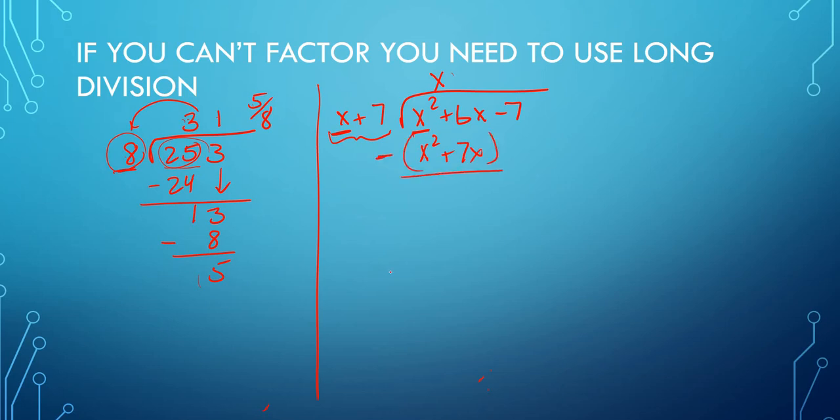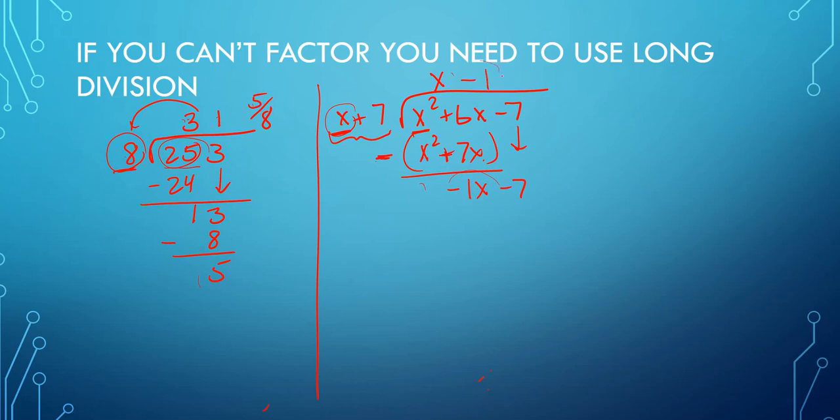Now I'm going to subtract. X squared minus x squared is 0. I don't need to write that. 6x minus 7x. I have to be careful because I have to subtract the 7x. That gives me negative 1x. Bring down the next piece. So x times what gives me -1?